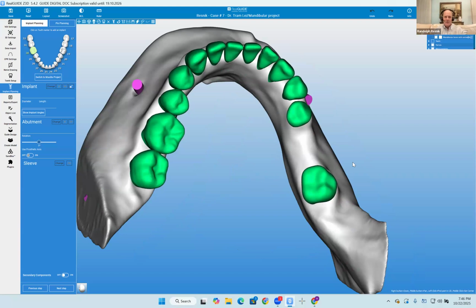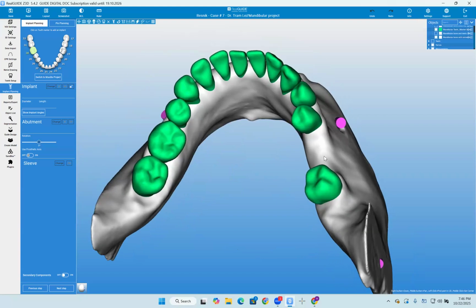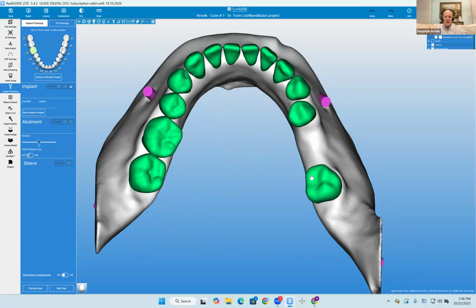So my boss extracted the tooth and did the graft. Now she came back. She's from Australia, and at first she wanted to go back there to get it done, but now she lives here, so she's ready to go. So this is her scan.